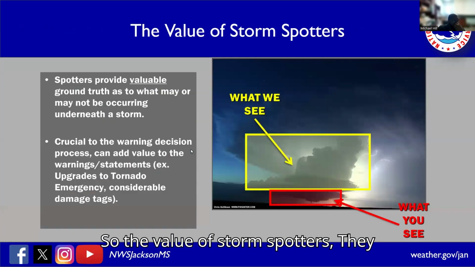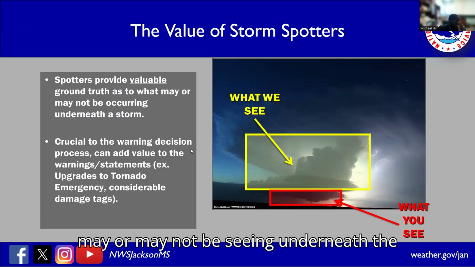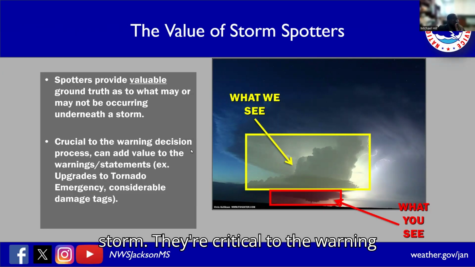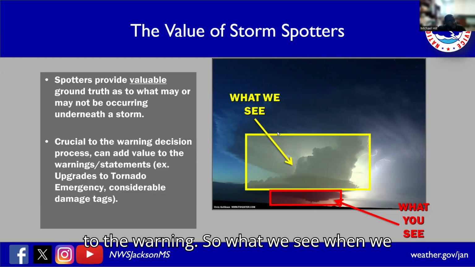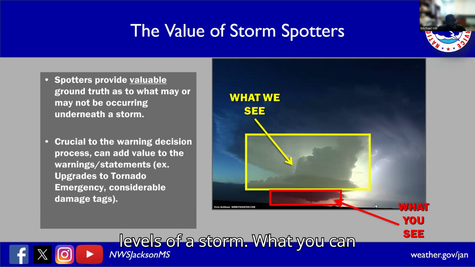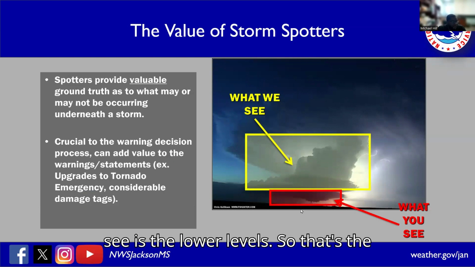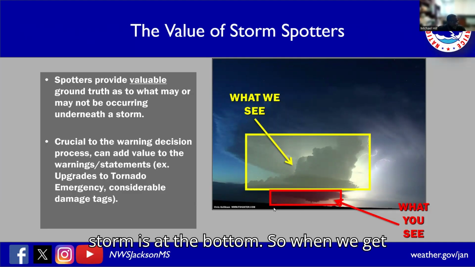So the value of storm spotters: they produce valuable ground truth to what we may or may not be seeing underneath the storm. They're critical to the warning decision process, and they can add value to the warning. What we see when we look at a radar is the upper and mid levels of a storm. What you can see is the lower level. That's the business end, I like to say, of a storm, at the bottom.